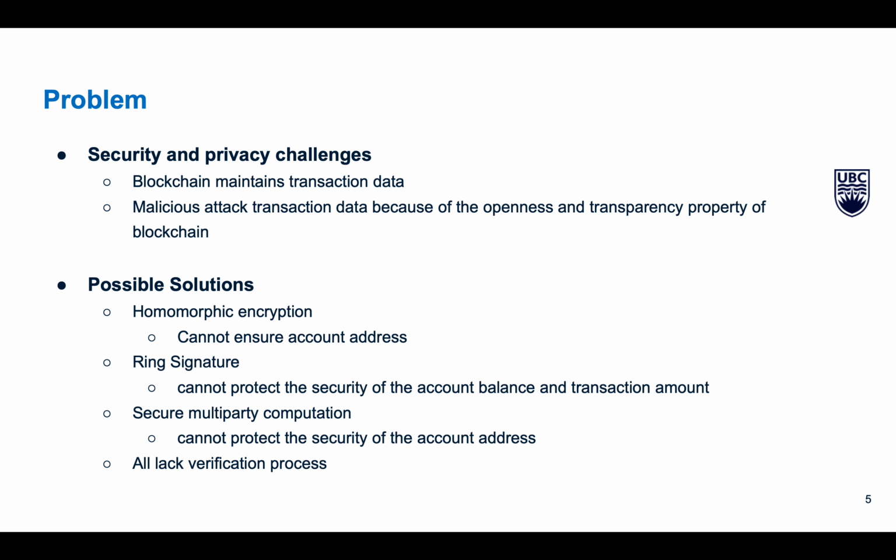However, it cannot ensure the security of the account address. And the ring signature. Ring signature is a special digital signature, and it does not reveal who signed it, so it protects the security of the account address. However, it cannot guarantee the security of account balance and the transaction amount.